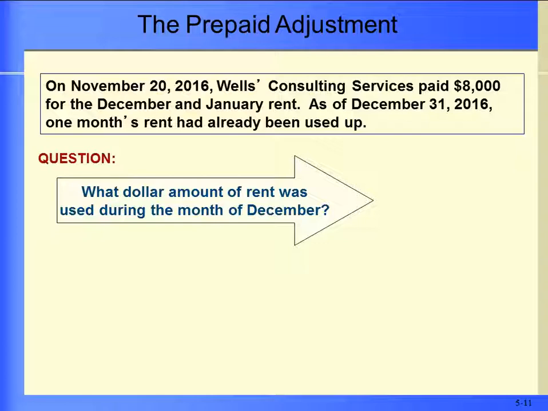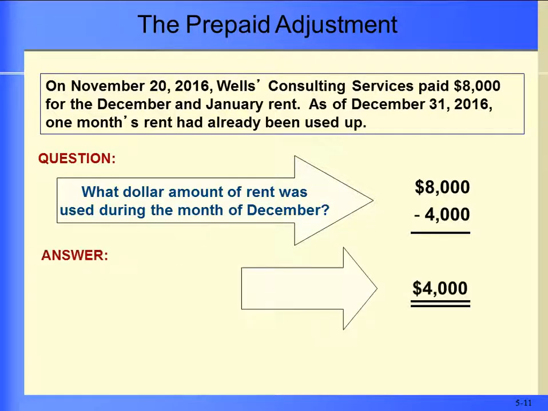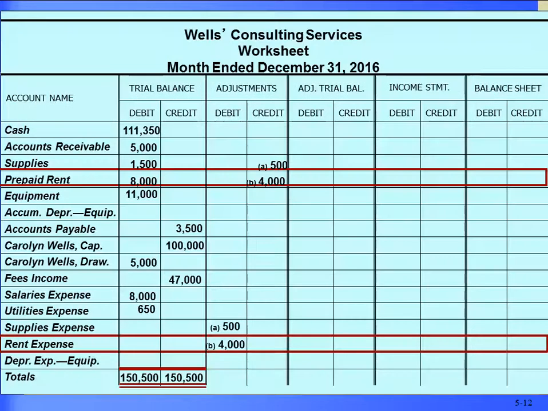So it would be 8,000 divided by 2, or 4,000. We know it's half, so we'll subtract half of that. So the amount that was actually used is going to be part of the adjusting entry. So here's that example. We're going to reduce an asset by 4,000 by crediting it in the adjustments column, and the corresponding debit is going to be to rent expense, which is going to go to the income statement and reduce net income.